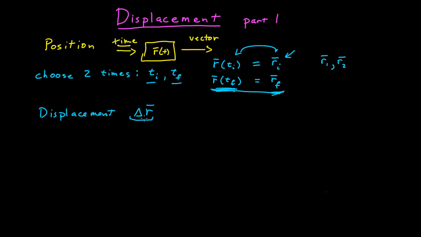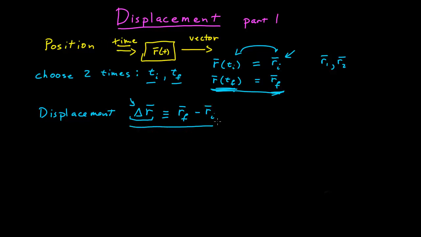This is one object. This is a vector that I'm defining given this notation. The delta often means difference. And so this is one object, one vector, and it's defined as this final vector minus the initial vector. So this is a displacement.